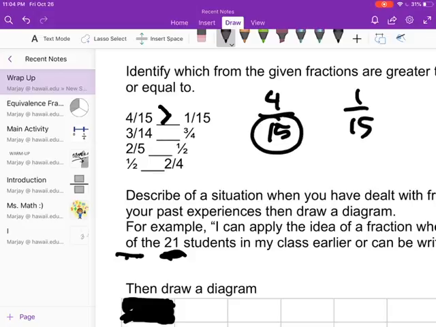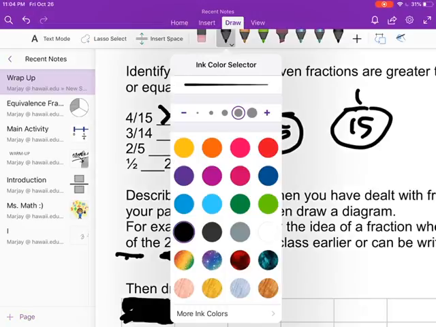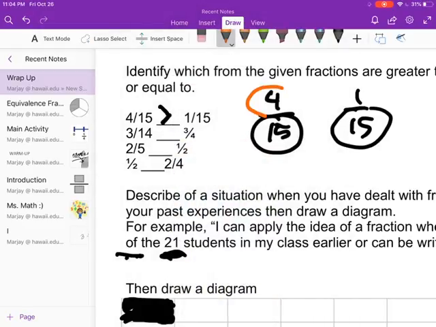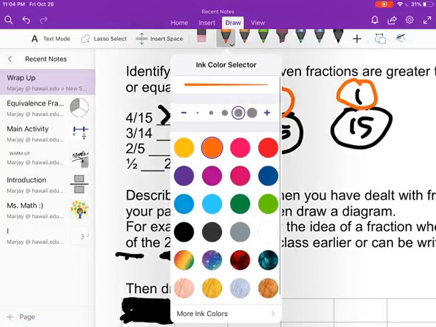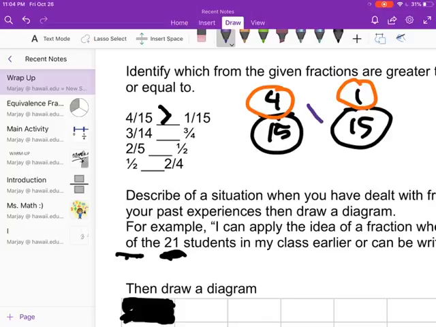Since they have the same denominator, in order to identify which one is greater than or less than, just look at your numerator. Since 4 is greater than 1, we can conclude that 4/15 is indeed greater than 1/15. Okay?